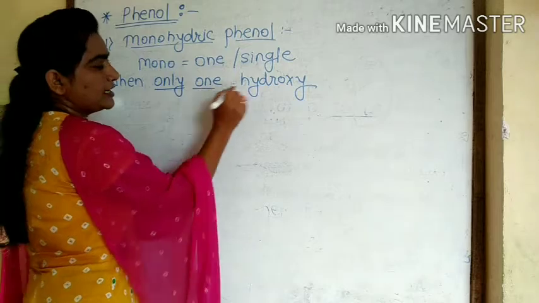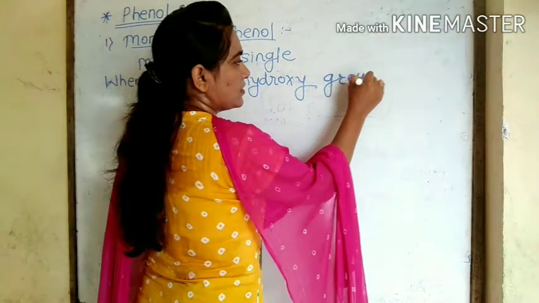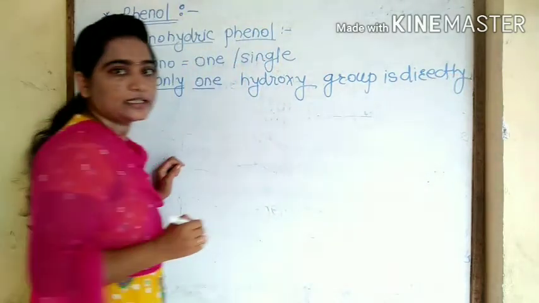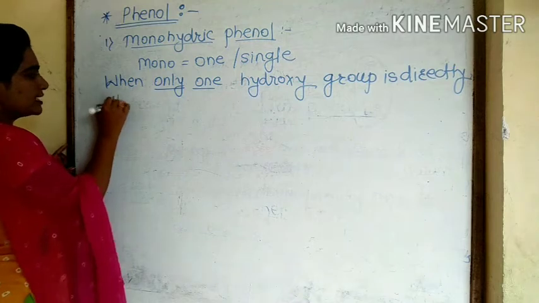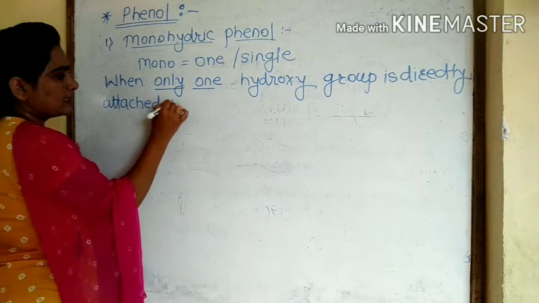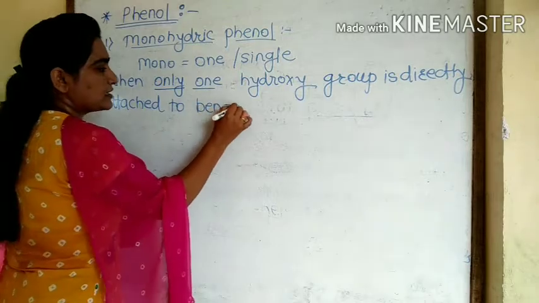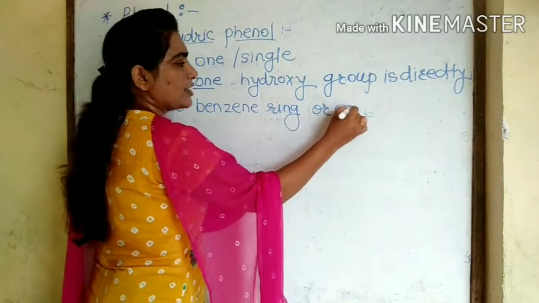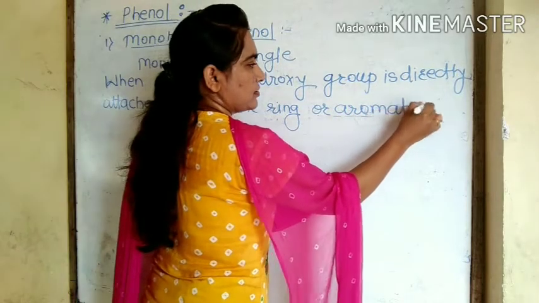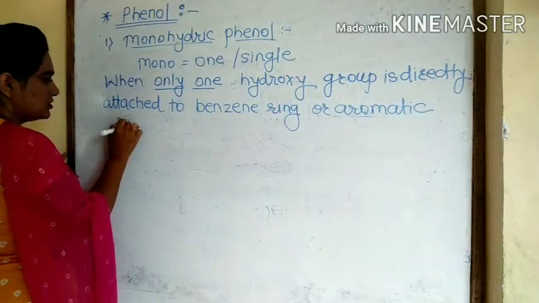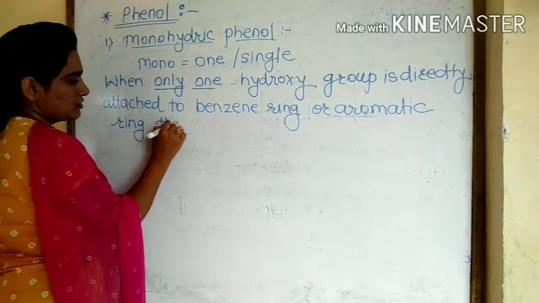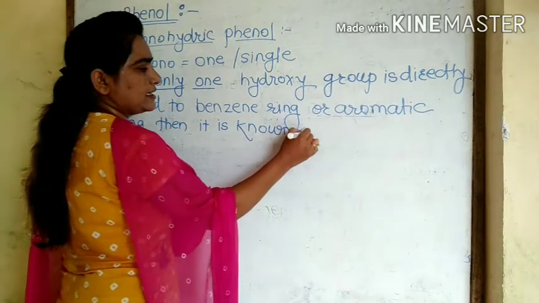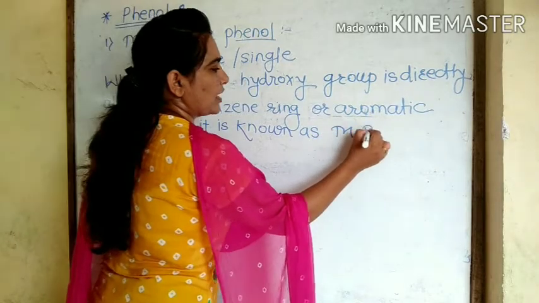When only one hydroxy group is directly attached to the benzene ring or aromatic ring, then it is known as monohydric phenol.